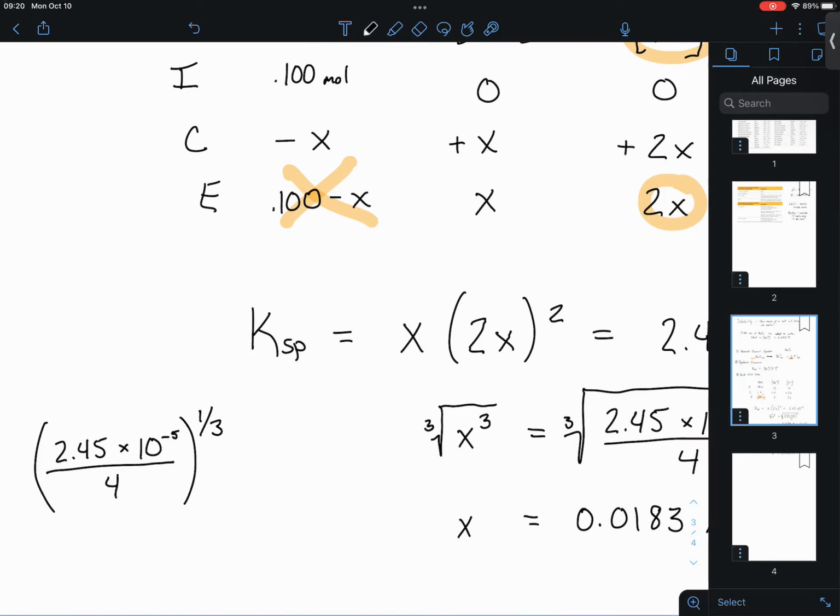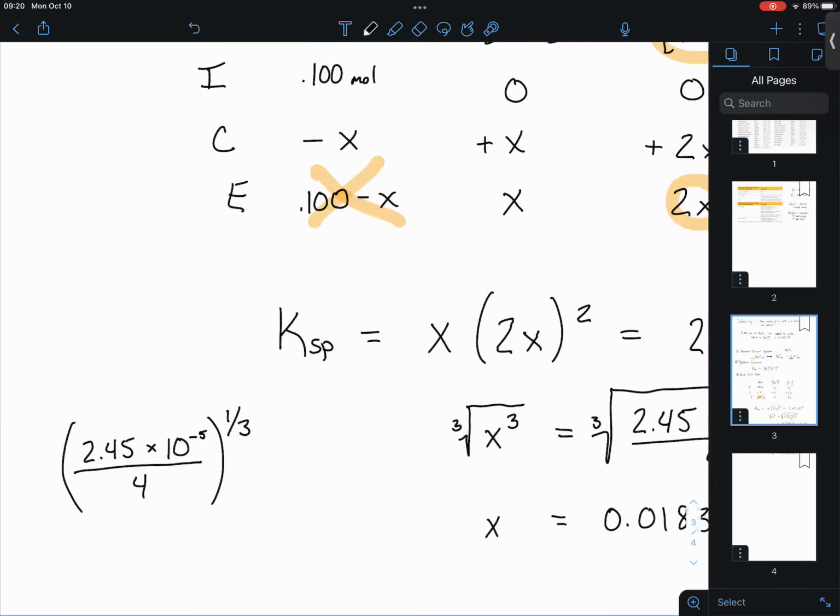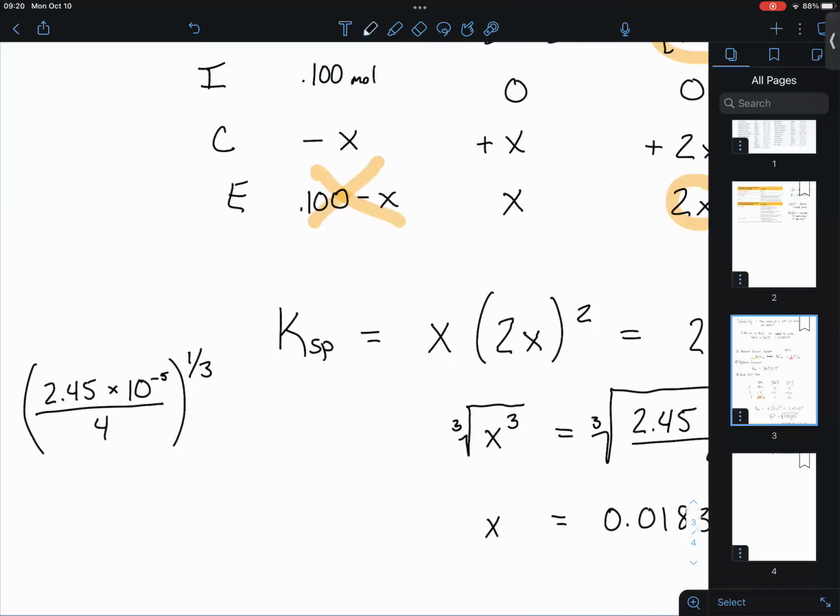This is something a little bit weird, and I'm not going to get too far into it, but it's definitely something that you would learn in an algebra course. It turns out that a cubed root is the same thing as raising something to the power of 1 over 3. Taking something to the 4th root is the same thing as raising it to the power of 1 over 4, et cetera. So taking something to the xth root is like raising it to the power of 1 over x.